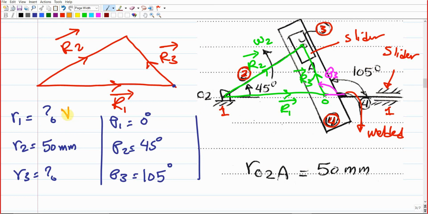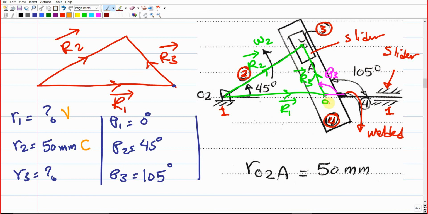It should be variable, because it slides. R2 should be constant, right? Which is O2A, it is a fixed length. I mean a rotating length with a fixed length. So R2 is constant.